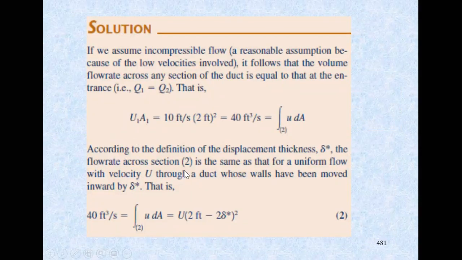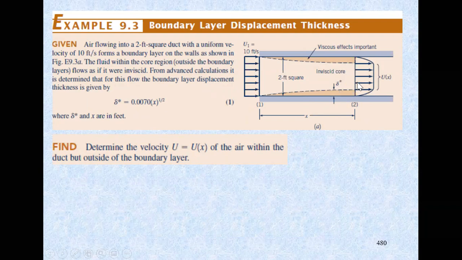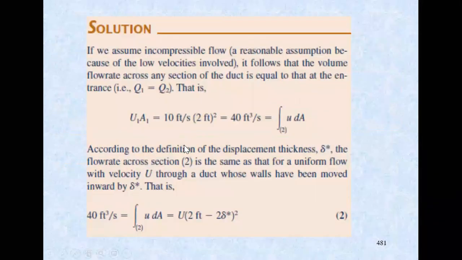The flow rate across section 2, which is this, you're going to have a different cross section over here. Let's call the velocity U2 over here. So you have 40 feet cubed per second equal to the integral of U dA, which is equal to U times the maximum side of 2 feet, minus 2 displacement thickness, squared, because this is a square duct.